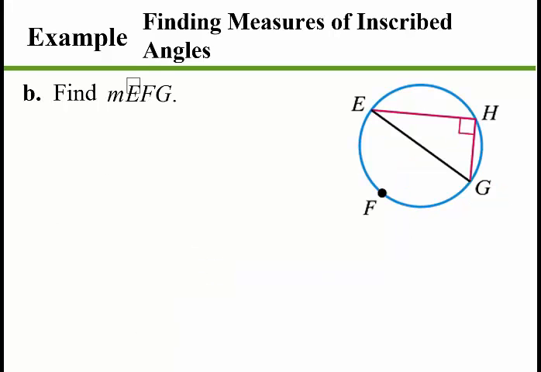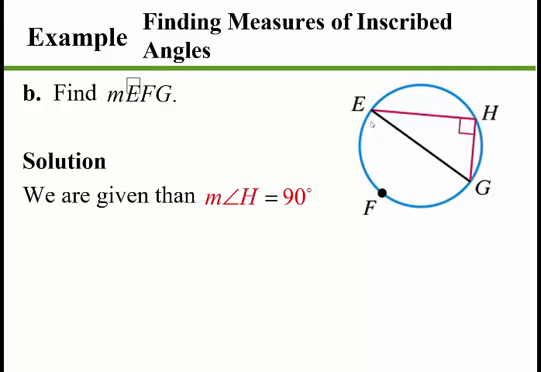Let's do another one. Let's find the measure of arc EFG. So I want to find the measure of this arc. Well, what I see here is that it's the arc for the inscribed angle H, which is 90 degrees. So we're given that the measure of angle H is 90 degrees, and the measure of angle H is 1/2 the measure of arc EFG.